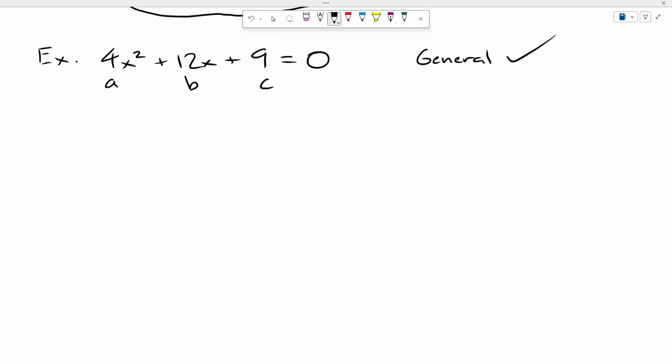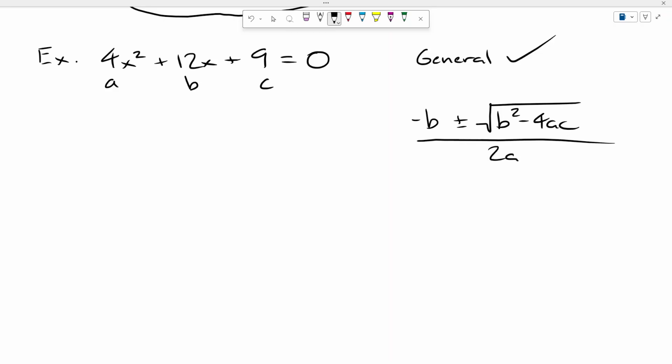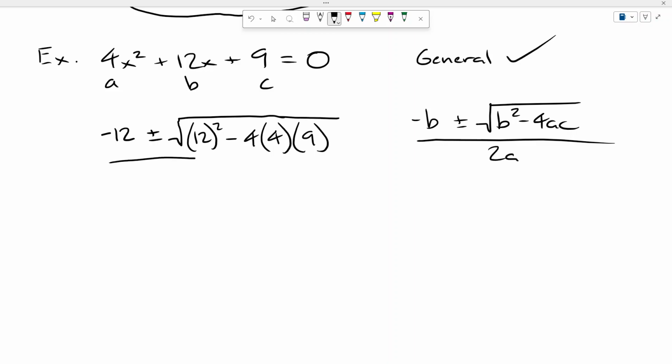So now let's input into the quadratic. Again, negative b plus minus the square root of b squared minus 4ac over 2a. So we have b is 12, so we'll have negative 12 plus minus, and we have 12 squared minus 4 times 4 times 9 over 2 times 4.